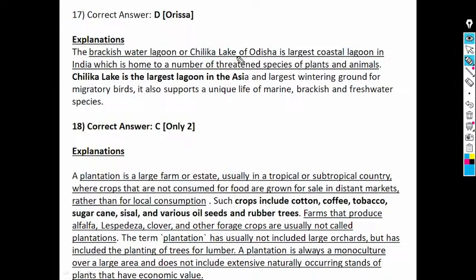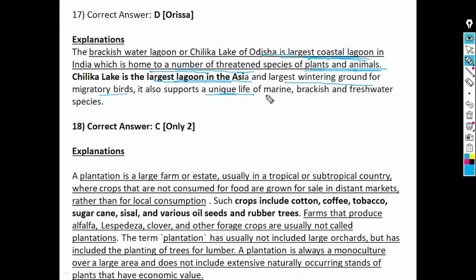Brackish water lagoon or Chilka Lake is Odisha's largest coastal lagoon in India, which is home to a number of threatened species of plants and animals. Chilka Lake is the largest lagoon in Asia and the largest wintering ground for migratory birds.